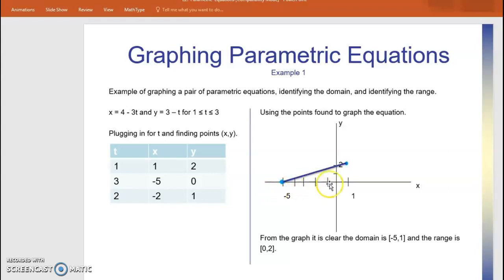So the domain, the x values, start at negative 5 and end at 1. Likewise, the range, how low and how high the graph is traveling, starts at 0 on the y-axis and goes to 2. These points are on the graph, our endpoints. We have closed circles, and that is illustrated here in interval notation by using brackets.